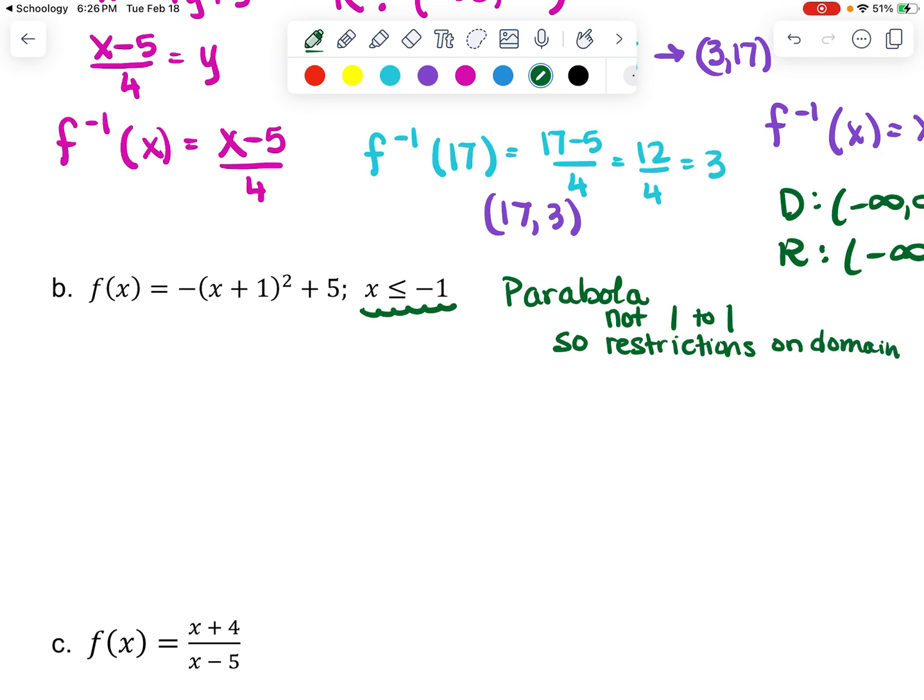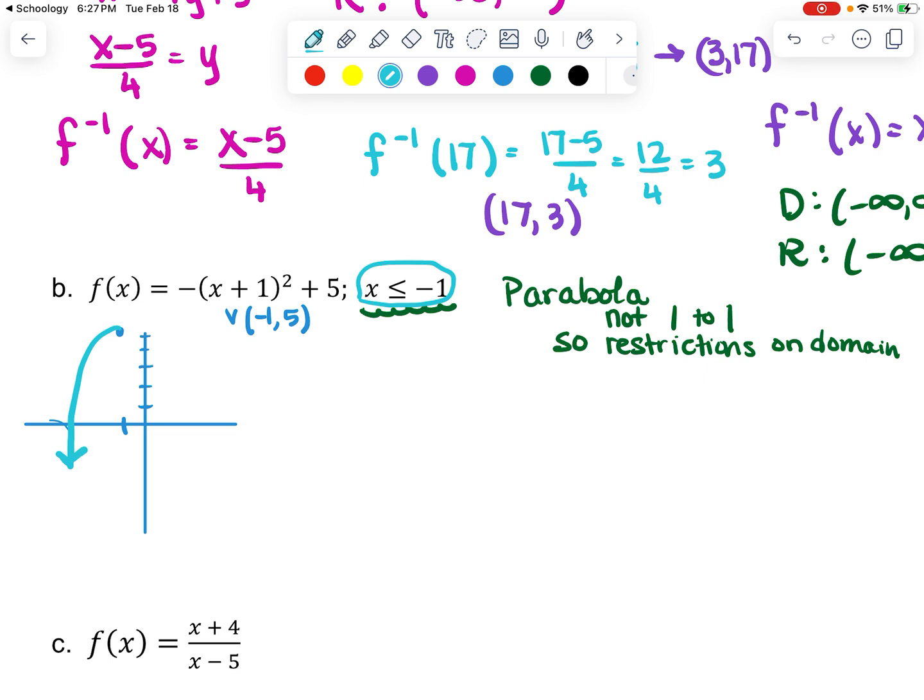Okay, if we graph this real quick, and you could put a real graph if you want, I'm just going to sketch this. I know that my vertex is at (negative 1, 5), and I'm facing down. So here's negative 1, and up 1, 2, 3, 4, 5. They're saying that x's are only going to be less than or equal to negative 1, so I'm looking at just this half of the parabola.